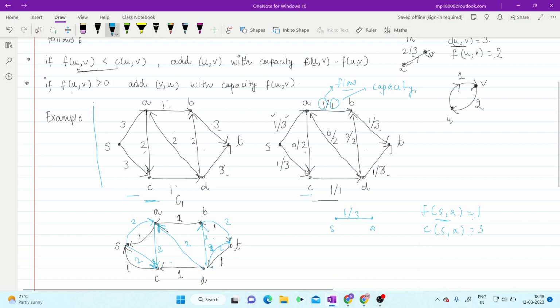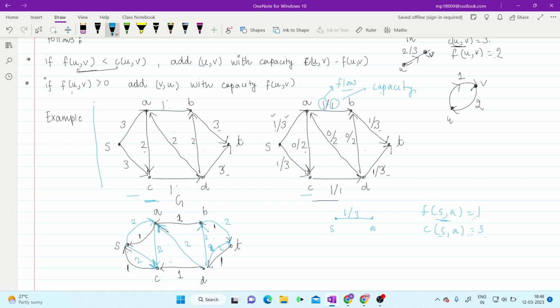For each edge you have to draw one or two edges. This SA edge has 1 slash 3, that means flow is 1 and capacity is 3. The first condition, that flow is strictly less than capacity, is satisfied.